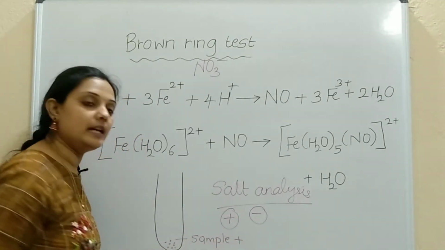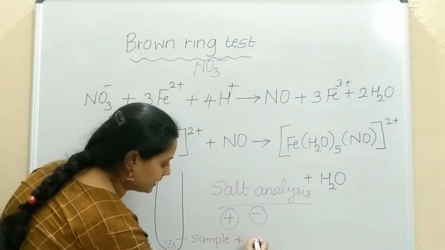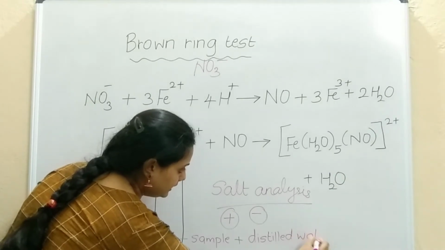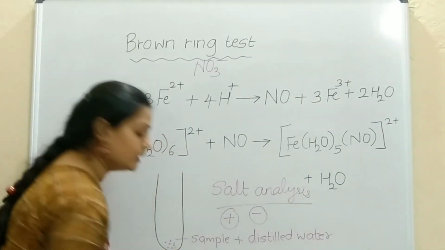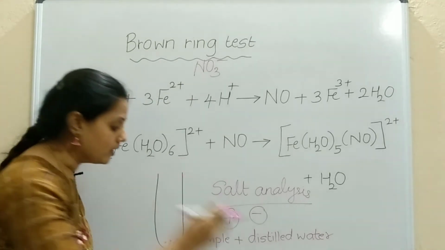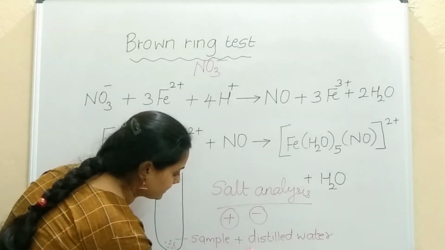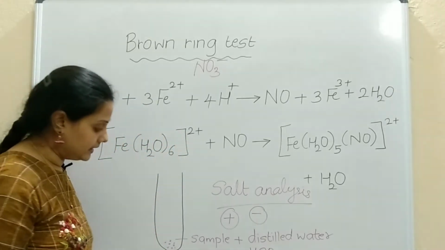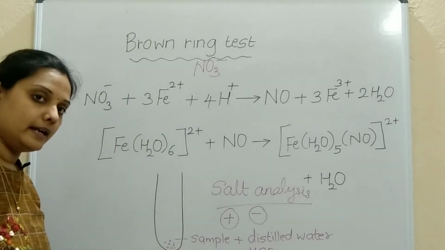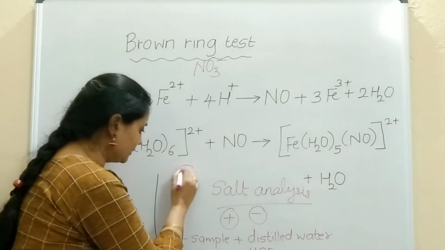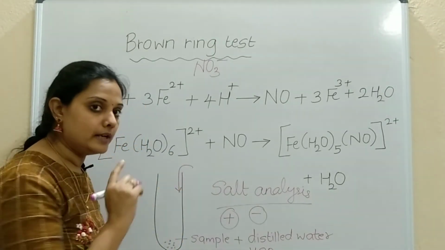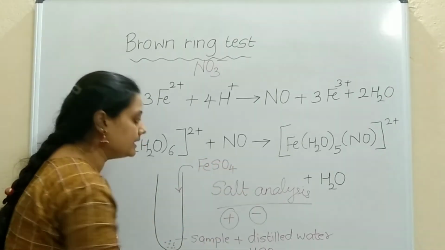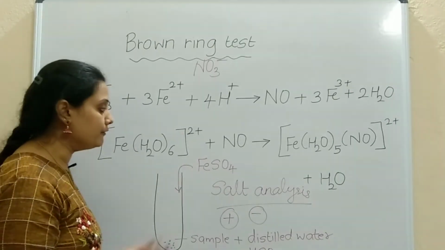Into this sample you add a little distilled water, and into the same mixture you add a few drops of concentrated H2SO4. Correct? And one more thing you add is freshly prepared ferrous sulfate solution. It should be freshly prepared.